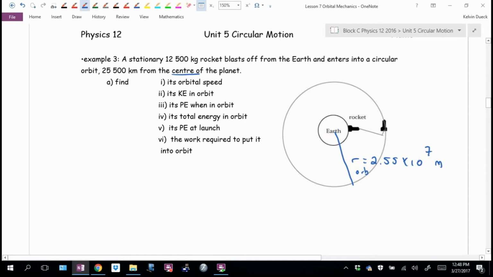So our orbital radius is that. If they had given that as an altitude, I would have just had to add the radius of the Earth into this on top of it. But they gave it to me from the center of the planet. Okay.